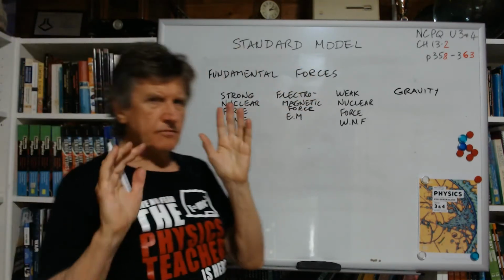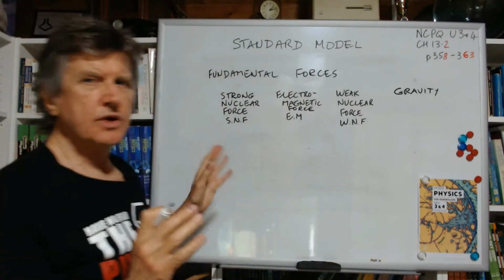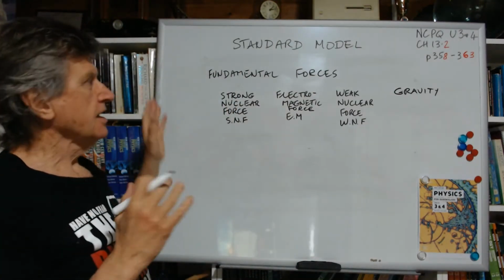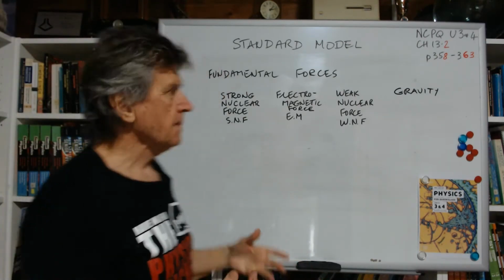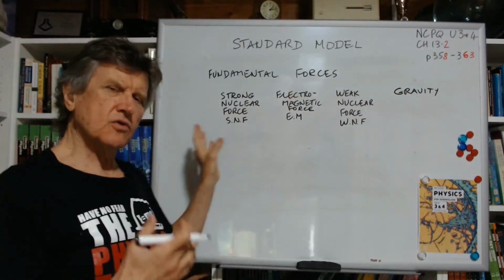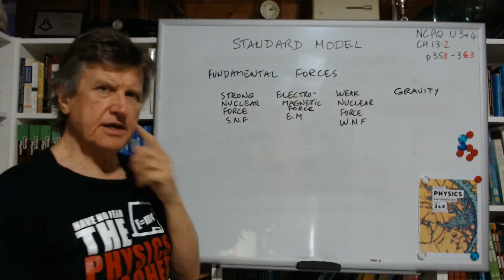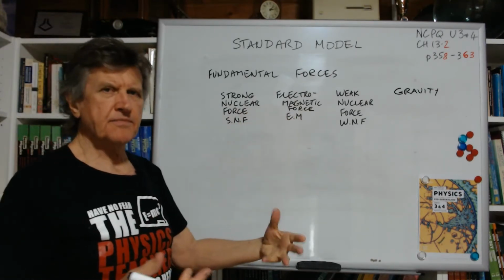Now, what you have to be able to do is list the forces that apply to the standard model. Even though they're the four forces, not all of them are described by the standard model. But firstly, let's have a look at these forces and something about them.